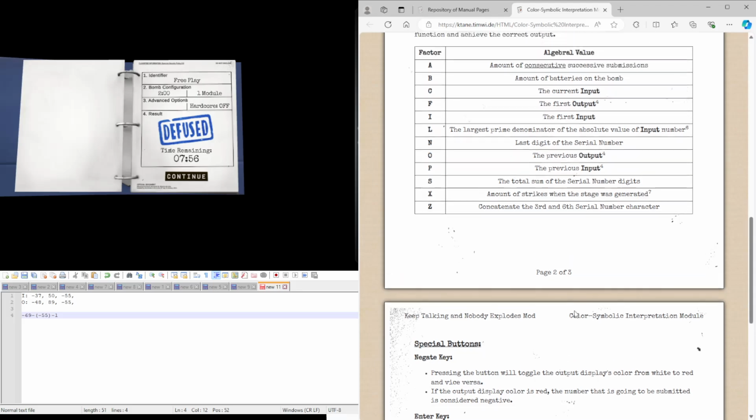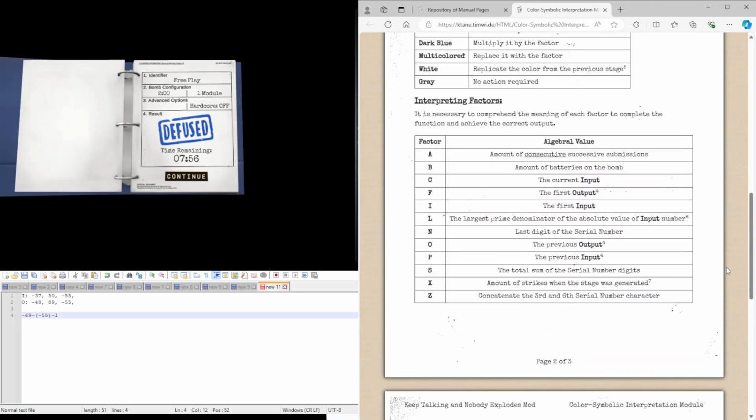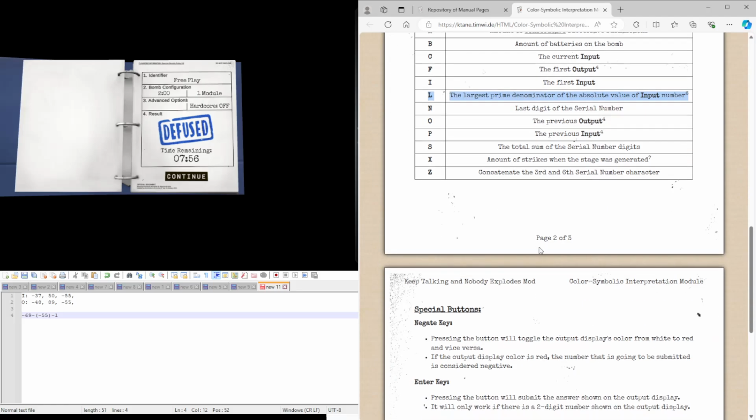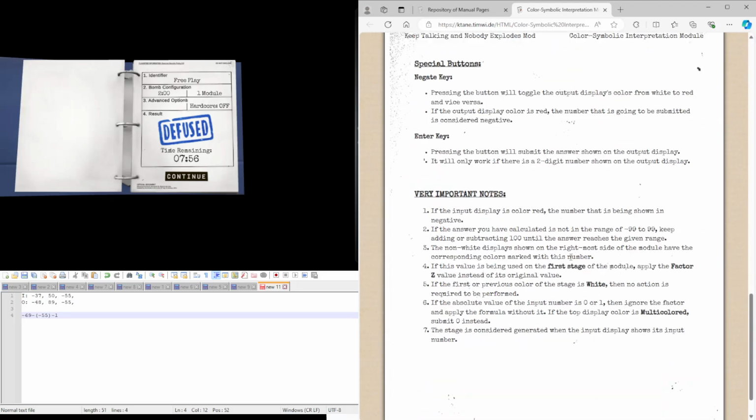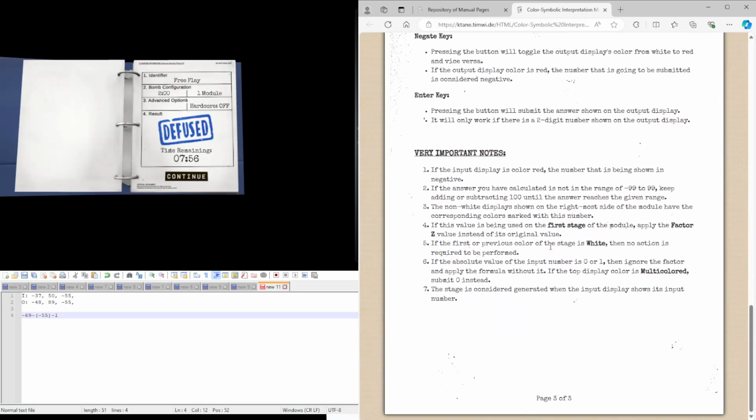This is just an interesting case. Oh yes, because this is specifically attached to this one, because if you get L here, 1 and 0 don't have a largest prime denominator. 1 because it doesn't have any, and 0 because it has all of them. So in that case, you can just ignore it.